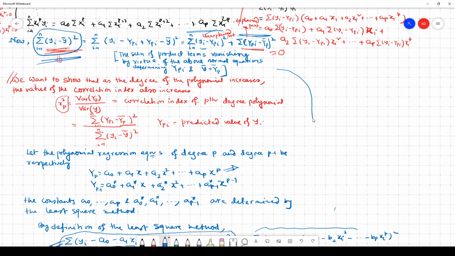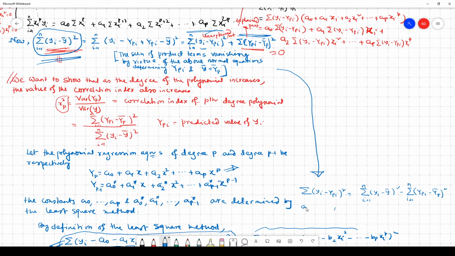So we write the summation of yi minus Ypi whole square equal to the summation of yi minus y bar whole square minus the sum over i from 1 to n of Ypi minus Yp bar whole square.